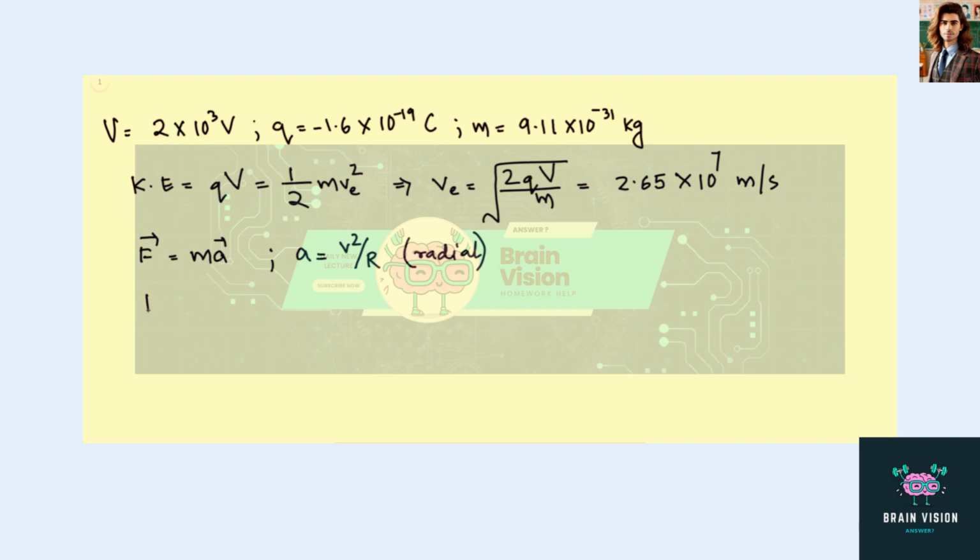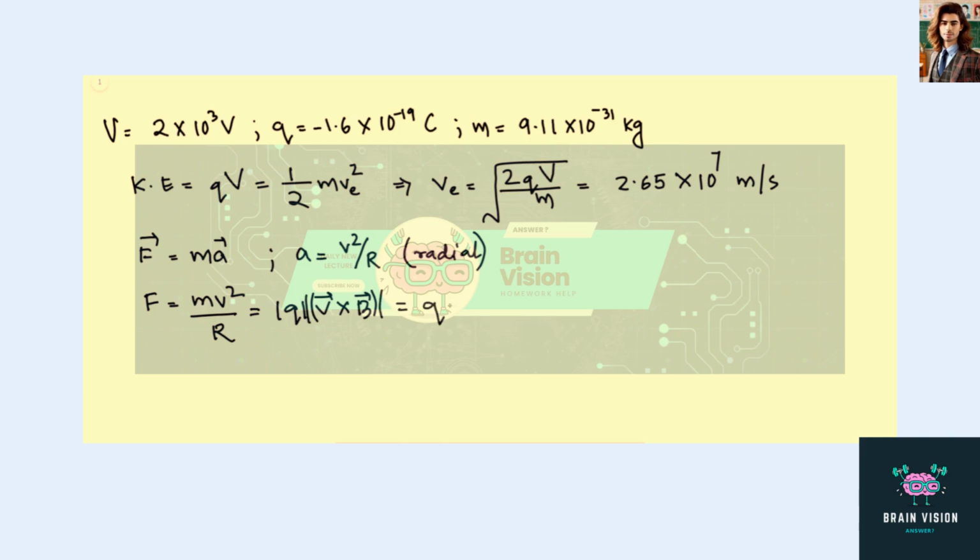So centripetal force will then be equal to mass times v square over r. And since here the centripetal force is caused by the magnetic field, this force should be equal to the magnitude of the magnetic force. And we take the magnitude of that also.